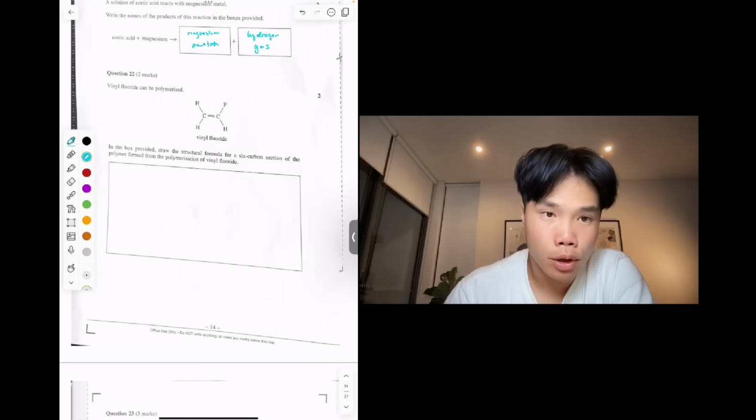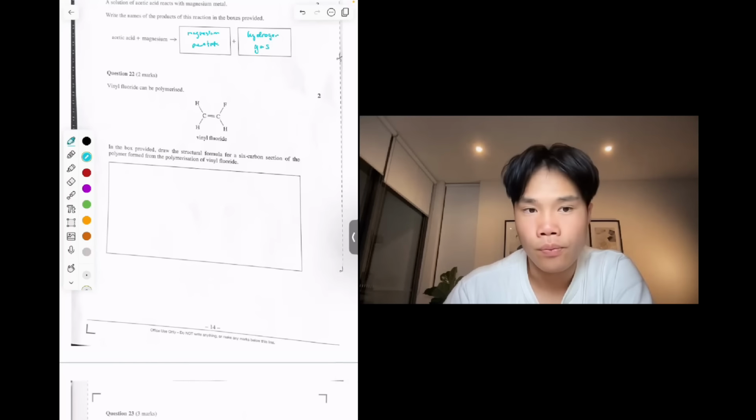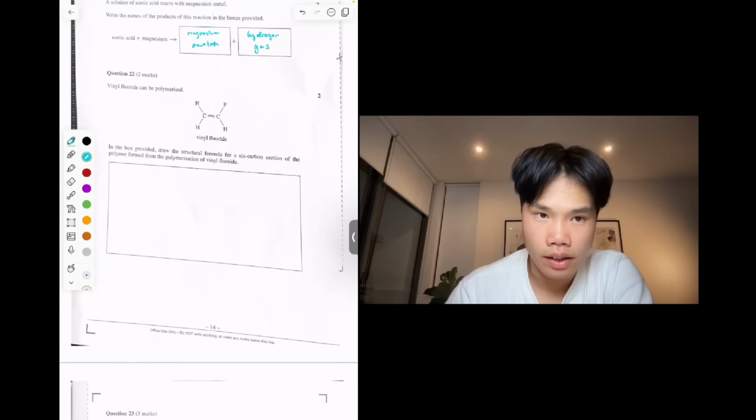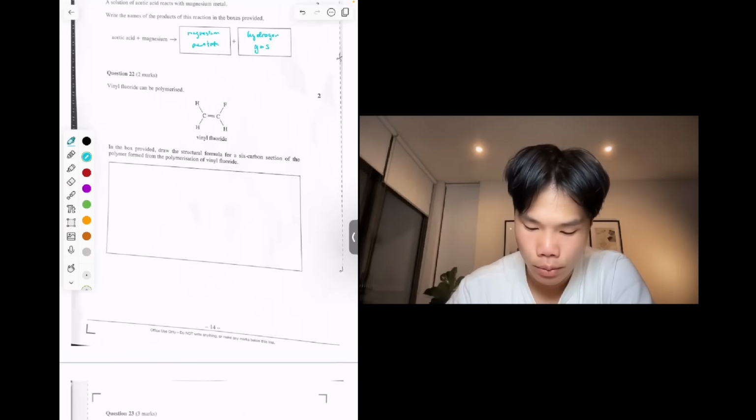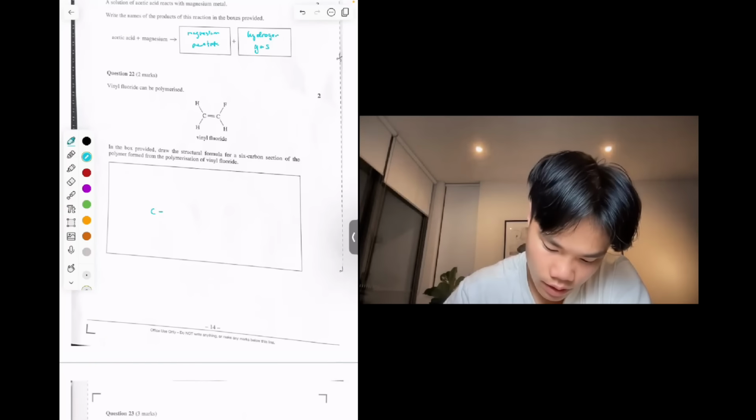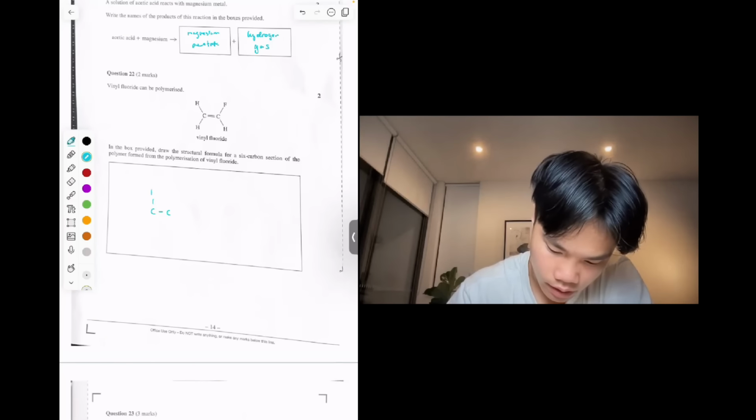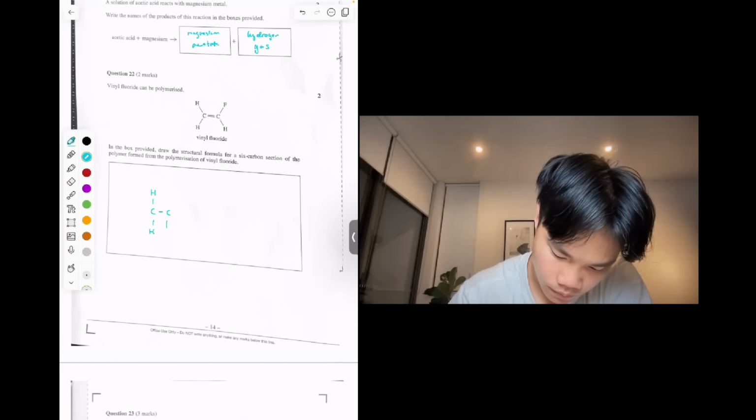The vinyl fluoride has been polymerized. In the box provided, draw a structural formula for a 6-carbon section of the polymer formed from the polymerization of vinyl fluoride. So this is going to be making an addition polymer. You're going to be attaching essentially carbons one after the other.